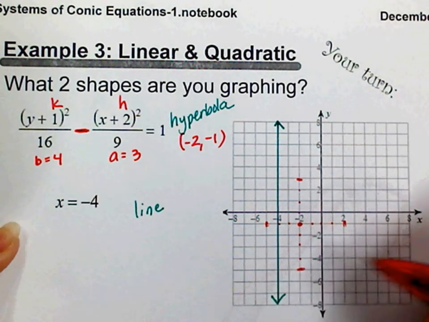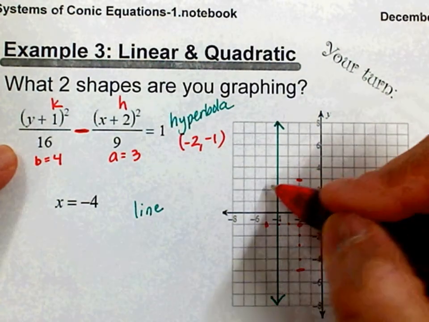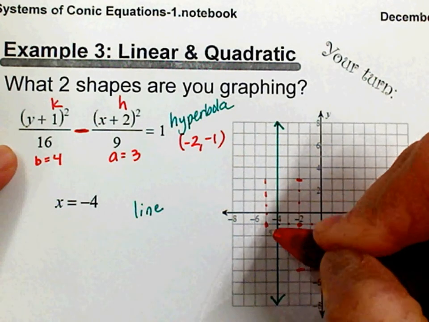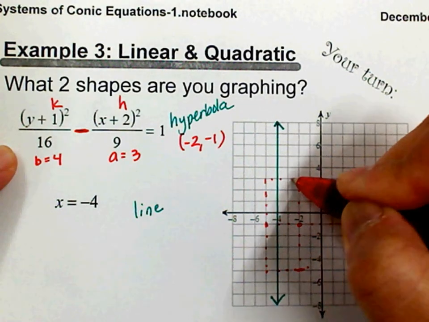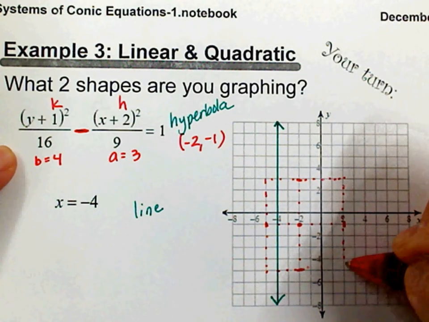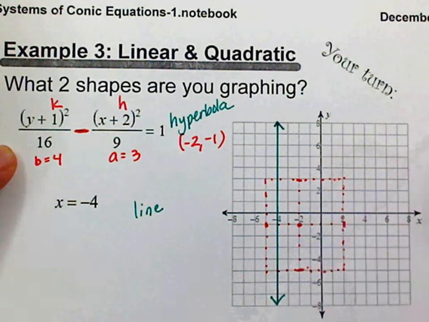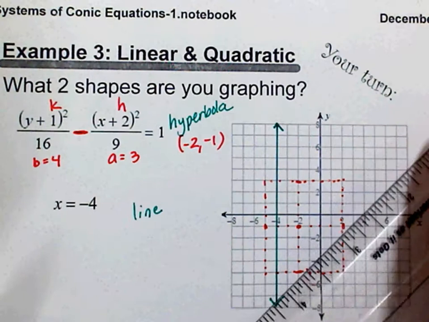Okay. From there, it's a hyperbola, so you have to make your fundamental box. And there's my box. And I'm just going to do dashes. Some of you would do your dashes a little bit bigger. I'm just going to do the little dots. Okay? And then you're also going to make a sketch of your asymptote.